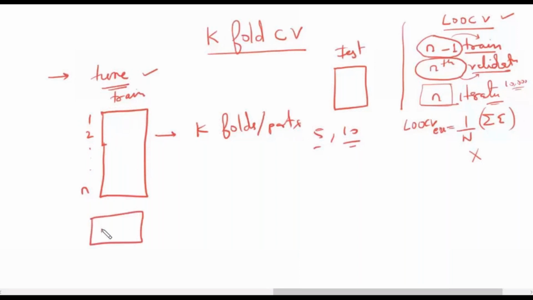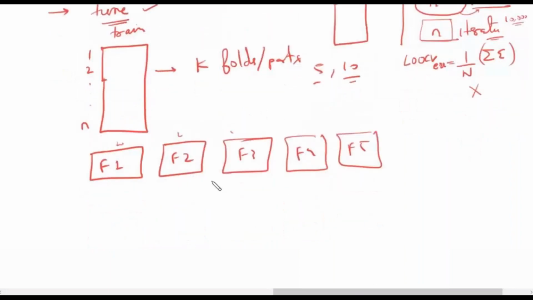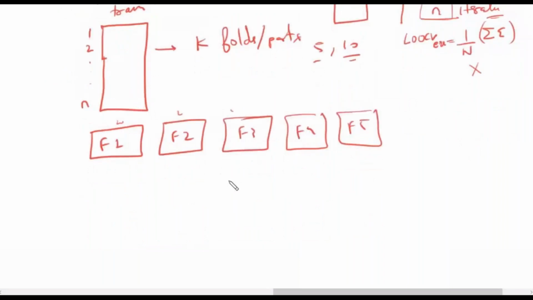Let me call it fold 1, fold 2, fold 3, fold 4, and fold 5. And almost always these parts are comparable, they are equal. So if you have 100 points, you will have 20 in each of them. So these are the 5 folds that we have now, if you have taken k to be 5.